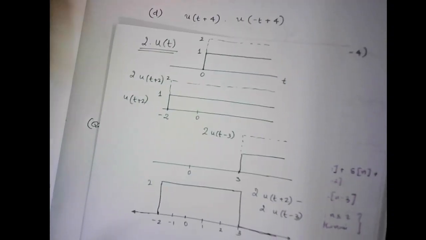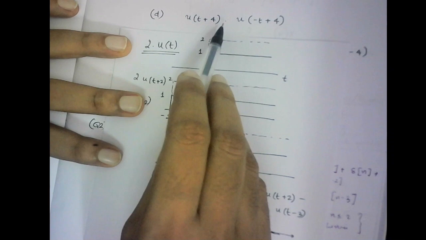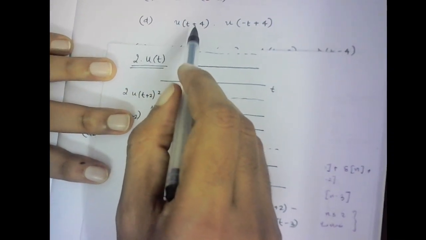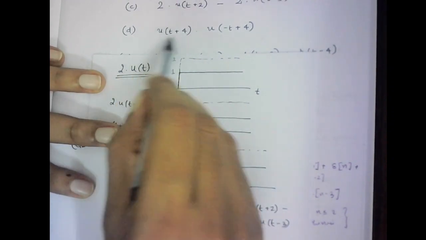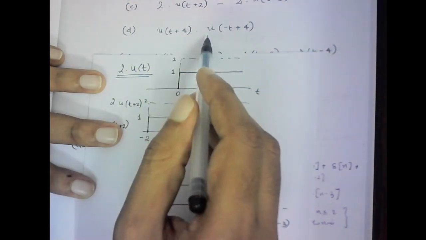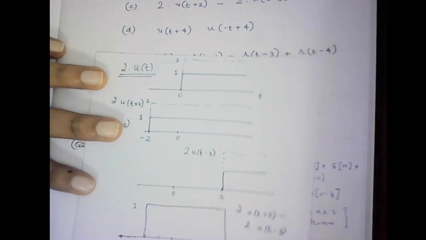Now let me come to the fourth question. This is also very easy. Fourth question: u of t plus 4 is a unit step signal which is advanced by 4 instances, and you multiply it with u of minus t plus 4.